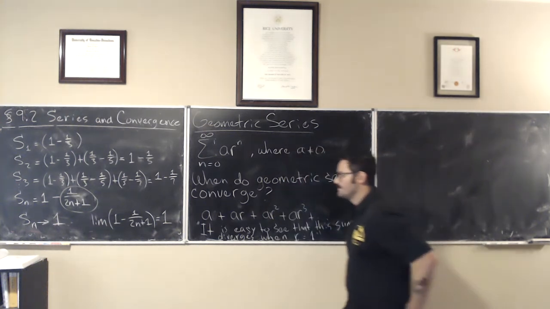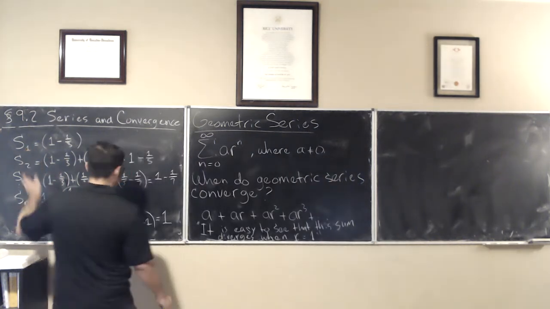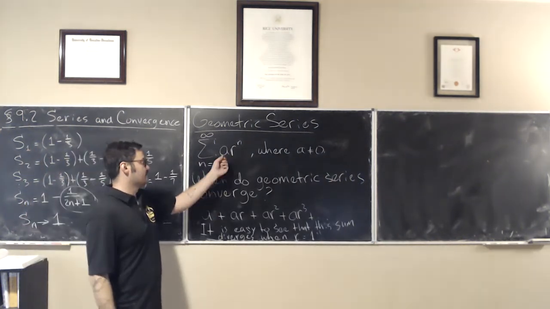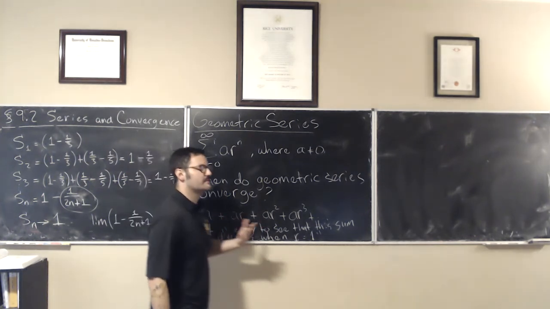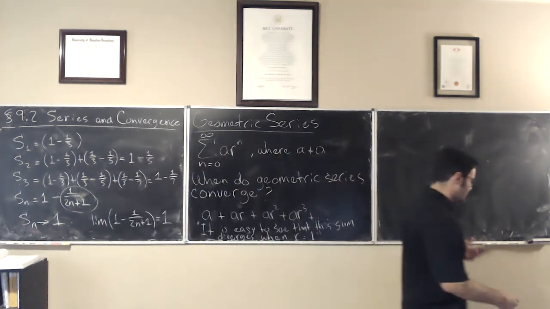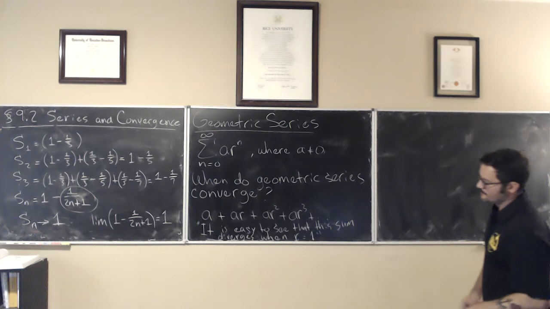According to our definition of partial sums converging, implying the series converges, if r is just 1, you're just adding a infinitely many times. So it diverges.